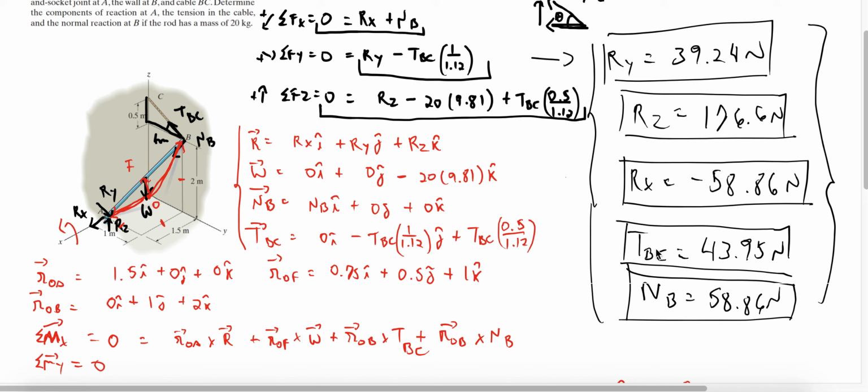And that's it. So just a quick recap as to why this problem was really interesting. We were dealing with 5 unknowns, 3 coming from the ball socket, which is only supporting force reactions, not moment reactions. Okay, it's allowed to rotate everywhere. It's a sphere. You can rotate freely everywhere.